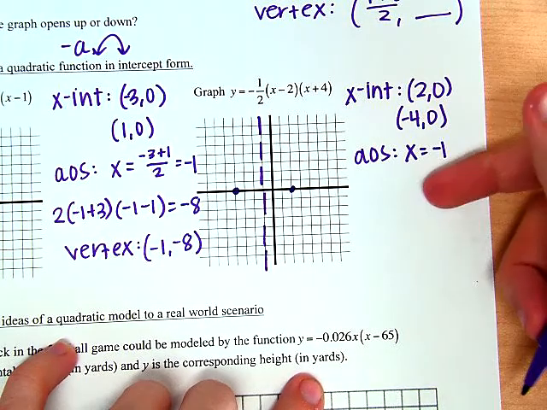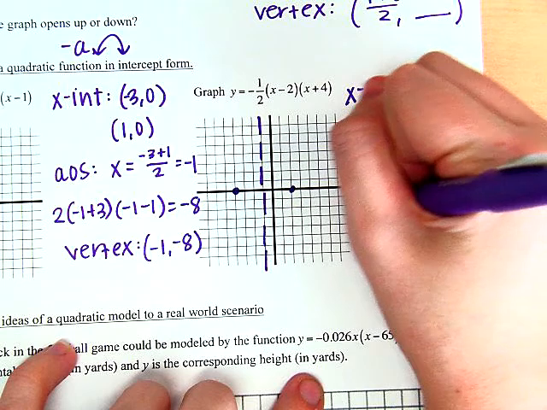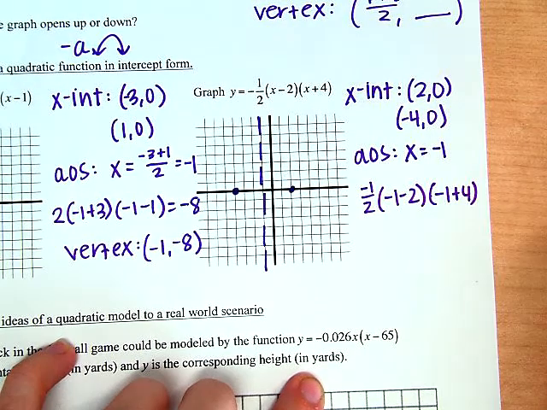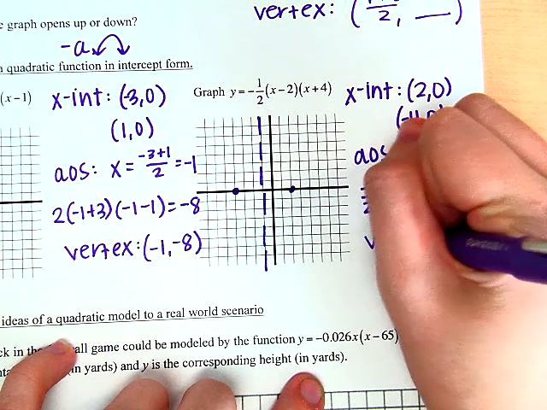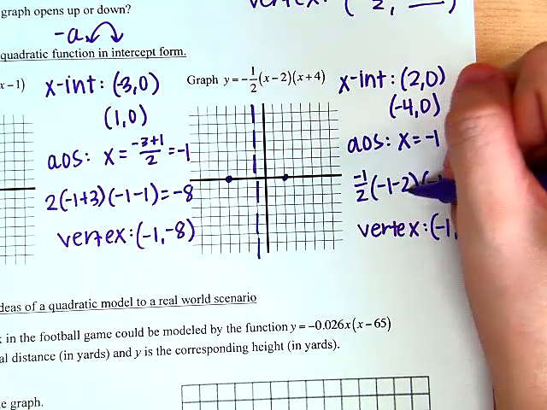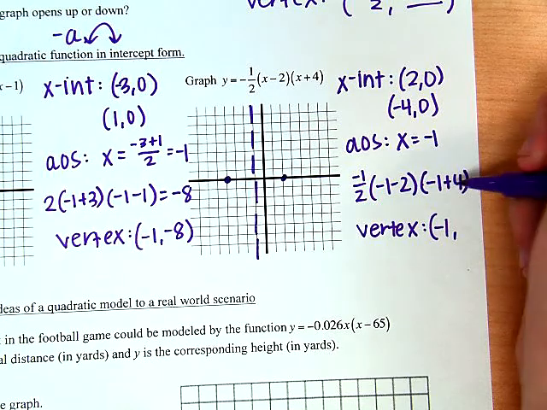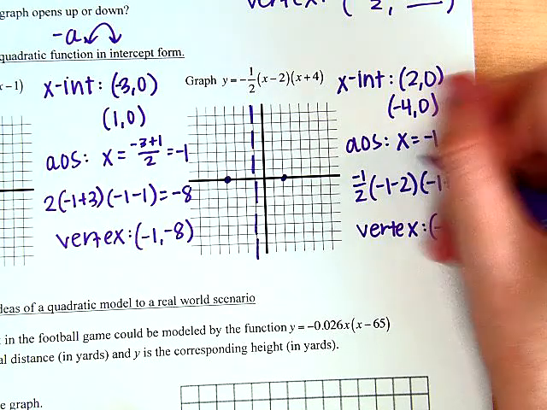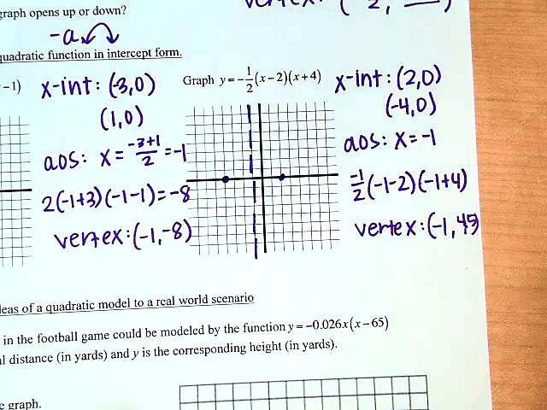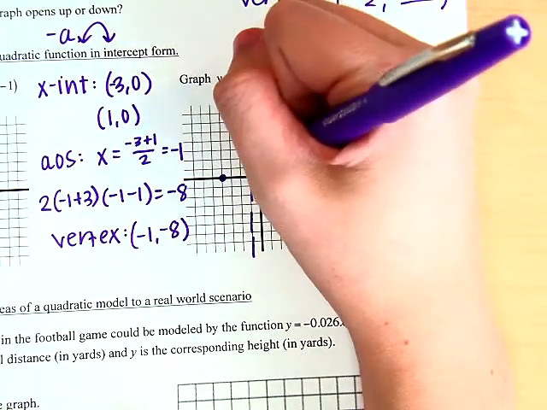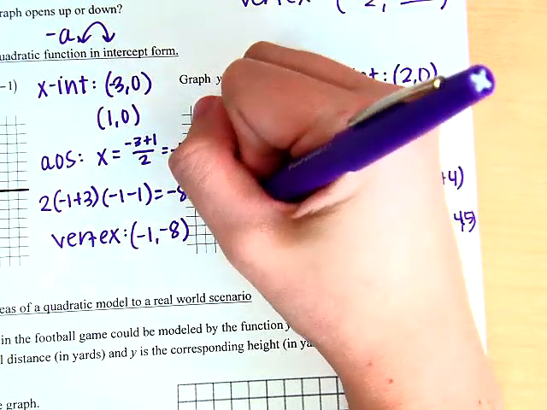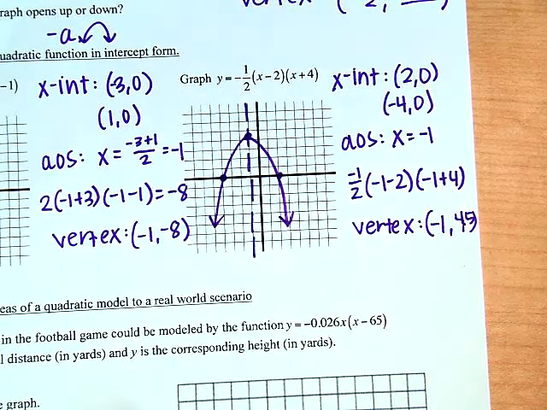And my vertex, if I plug in negative 1, I get negative 1 half, negative 1 minus 2, negative 1 plus 4. So my vertex should be at negative 1, and then negative 3 times positive 3 gives me 9, times negative one half, so 4.5. So that's negative 1, 1, 2, 3, 4 and a half, and I got a negative a, so it's opening down like that.